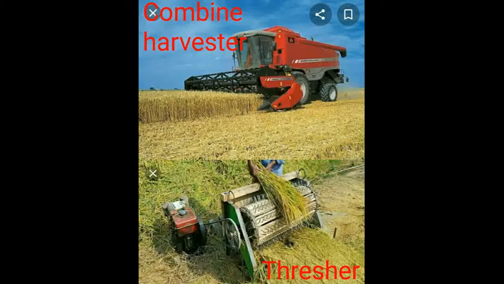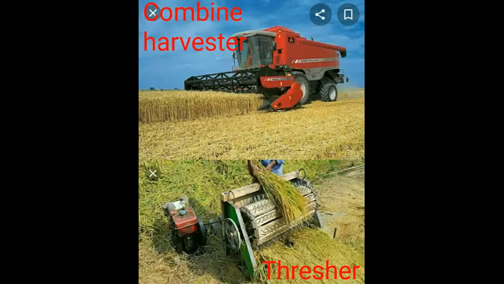What is threshing? The process of separating grains from the harvested crop is called threshing. It can be done manually by striking the harvested crop against a hard surface or by using a machine called thresher.